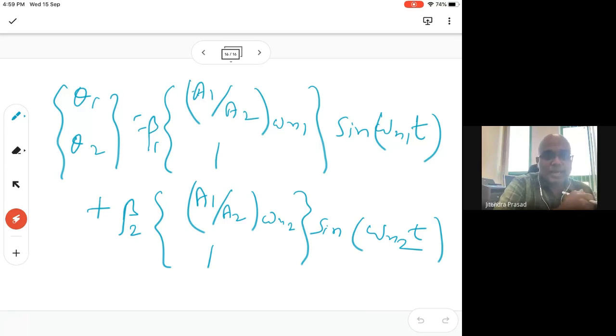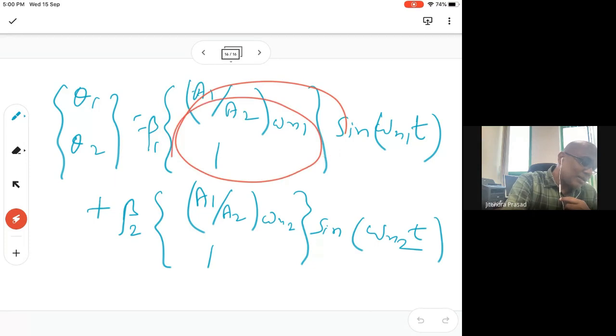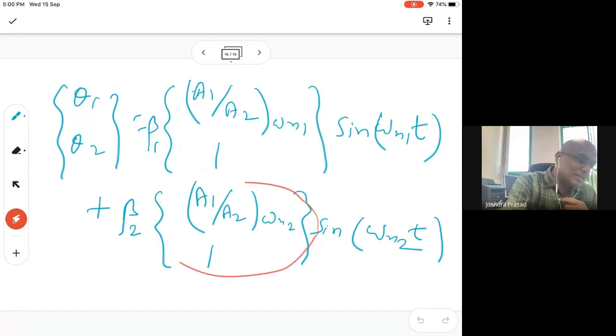Okay. Here, remember that this one is eigenvector 1, this is eigenvector 2, right? If you put lambda 1, you get A1 over A2 and 1, this is eigenvector 1, and this is eigenvector 2.